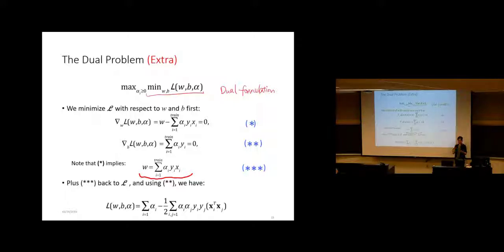And the same thing you can derive: b can be derived through analytic equations related to alpha, x, and y. Then you substitute the W and the b into the whole loss function, and this is a new objective function you get. And this is actually the basic SVM loss, the scoring function.